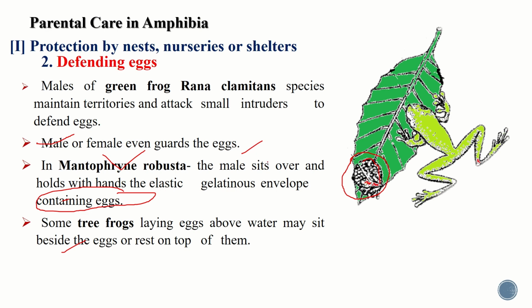Some tree frogs lay eggs above the water and may sit beside the eggs or rest on top of them. This is defending eggs.